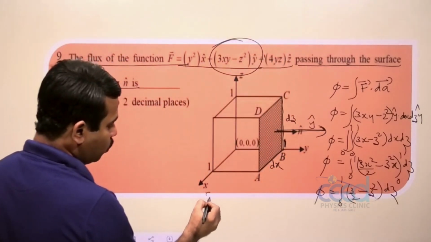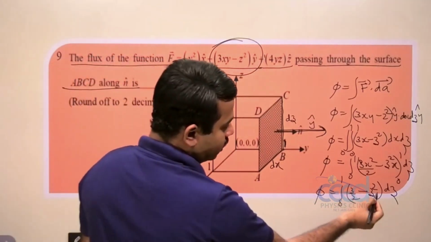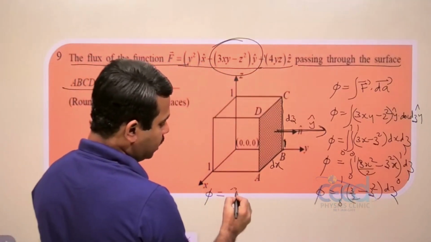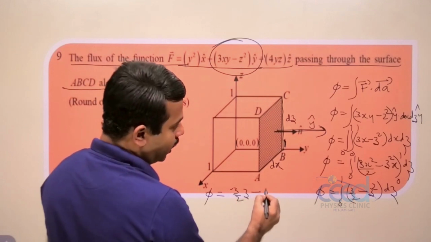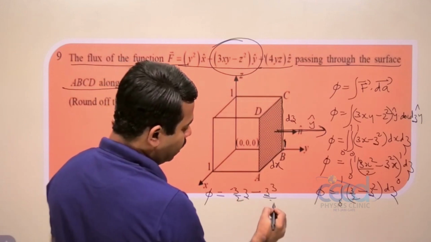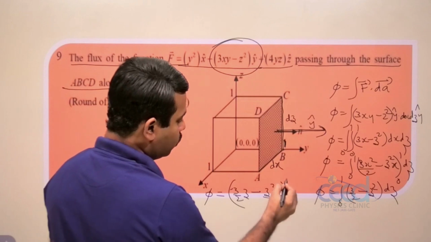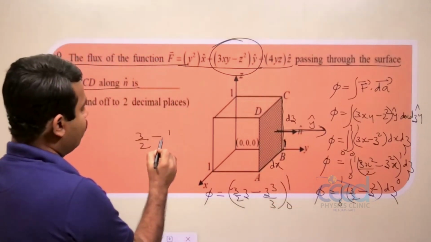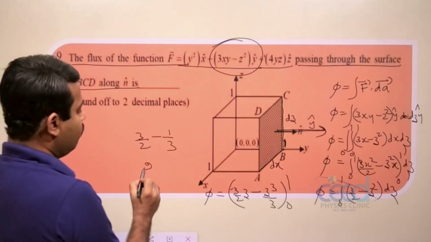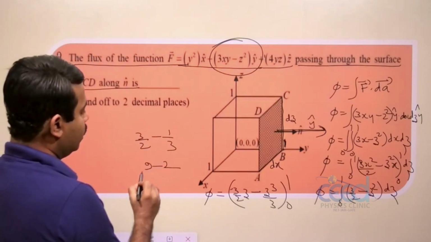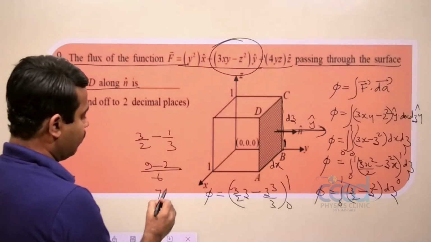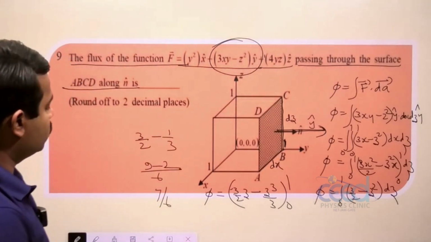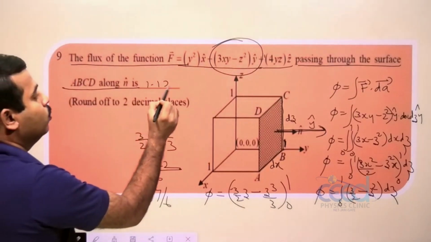Again integrating 0 to 1, 3/2 z minus z³/3, from 0 to 1. Then 3/2 minus 1/3, that is (9 minus 2)/6, that is 7/6, approximately 1.12.